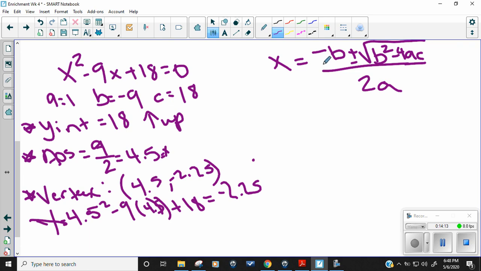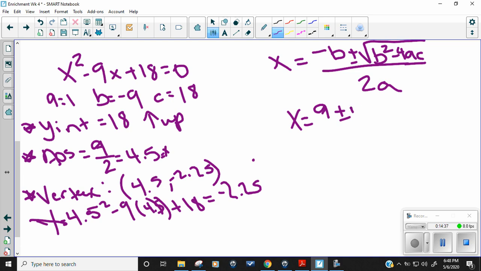Now, A, B, C, I will plug it in, but the easiest thing to do is what multiplies to 18 and adds to 9? 9 and 2. Okay, so x equals negative b, so negative 9, negative, negative. So you always change the b sign there.